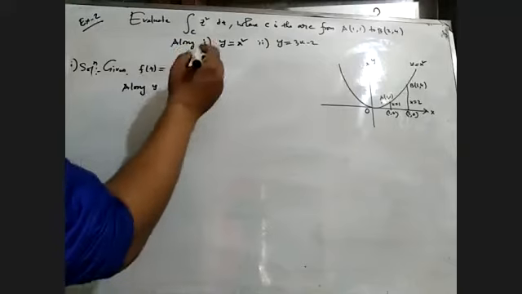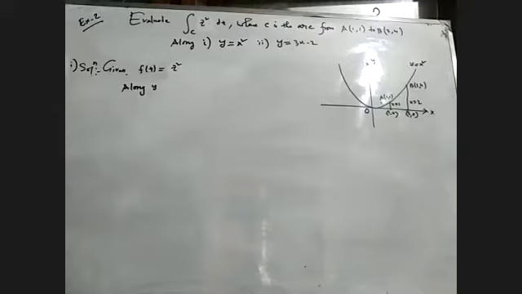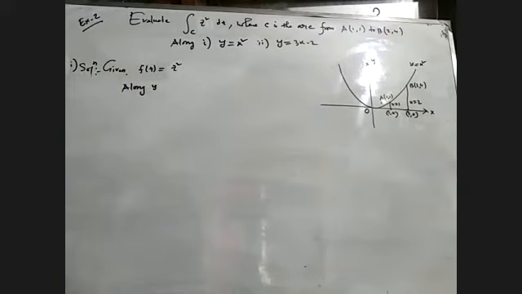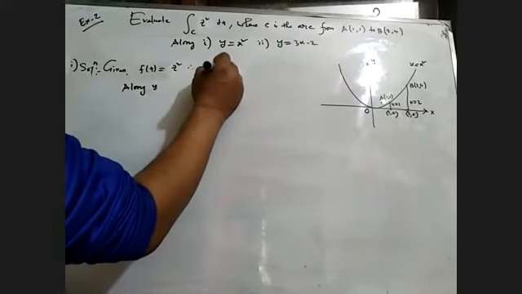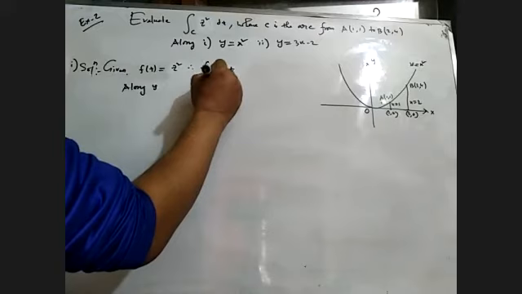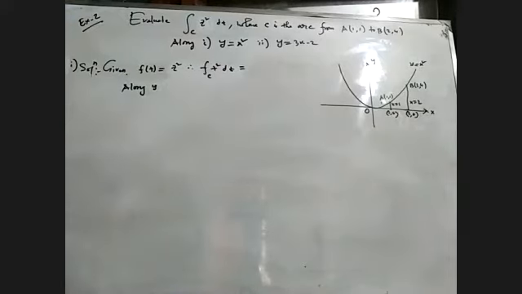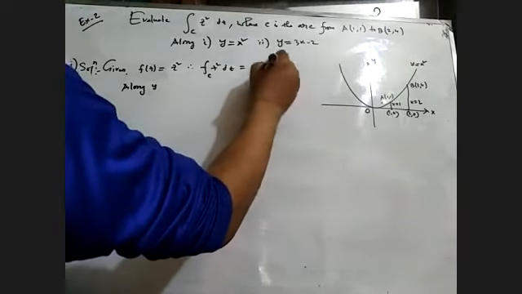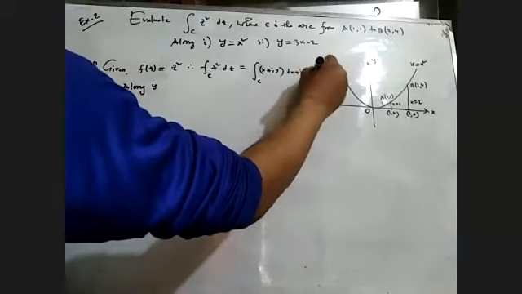So we are given f of z equals to what? z square. Okay, f of z equals to z square. So integration of z square dz along the curve, this can be written as z equals to x plus iy, and dz equals to what? dx plus i dy, right?